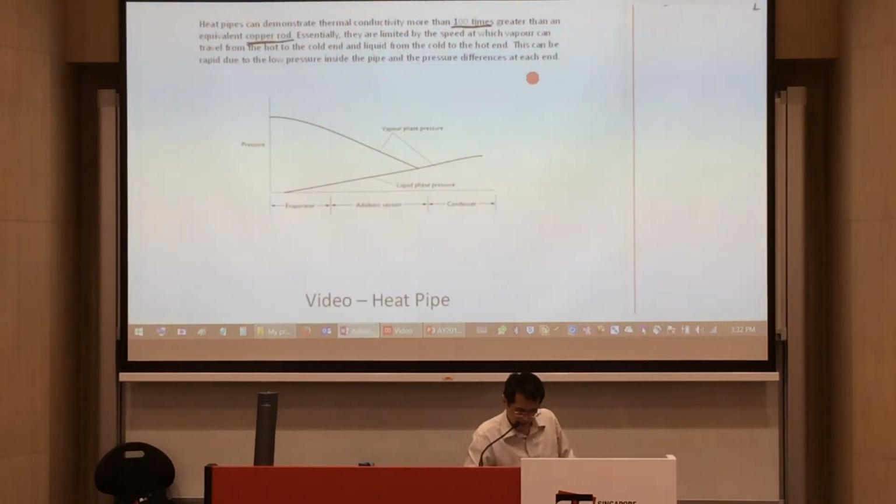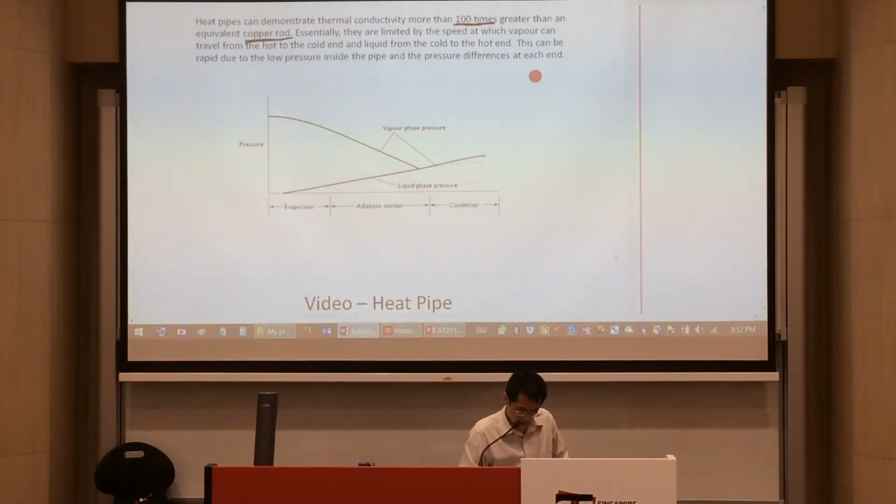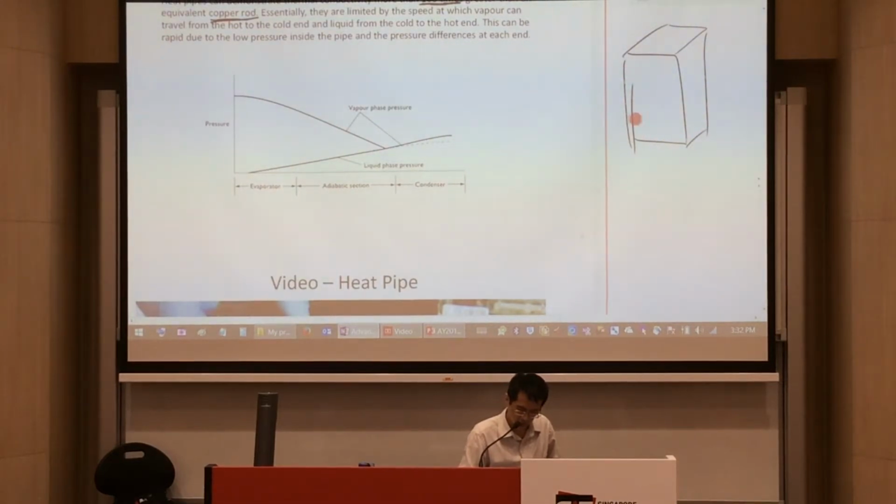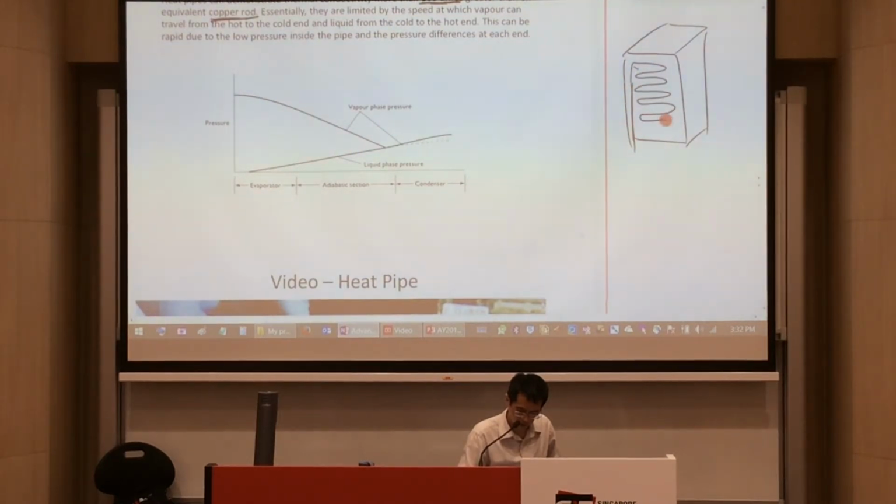But what you're seeing over here, just briefly, look at the condenser part. The condenser part is something that you see at the back of a fridge. So your fridge, this is the back part. Sometimes it's sealed up here, but you could see this kind of thing at the back of your fridge.